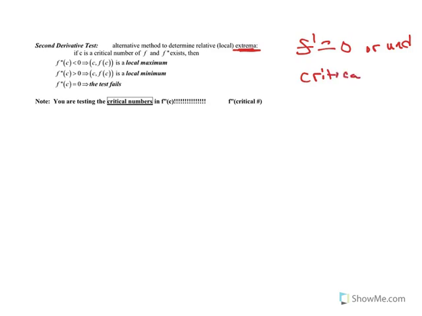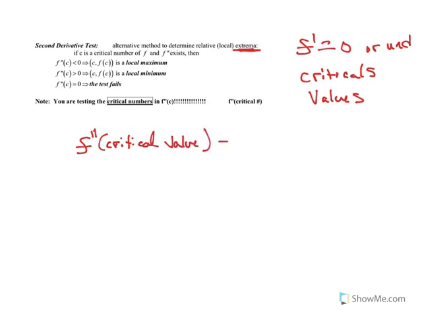So the critical values being where you could have a change in increasing or decreasing behavior. If you just take your critical value and plug it into the second derivative, so we're going to put a critical value right into the second derivative.